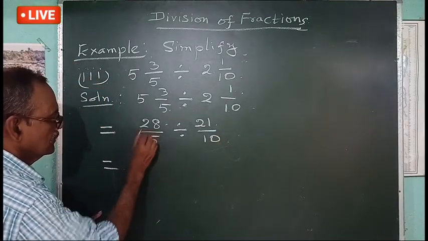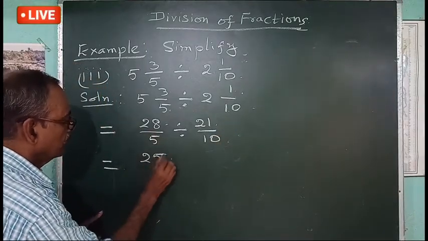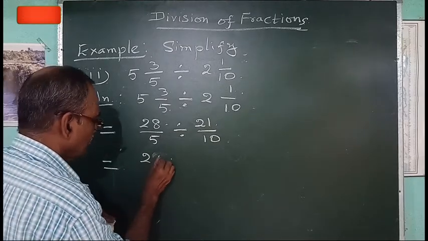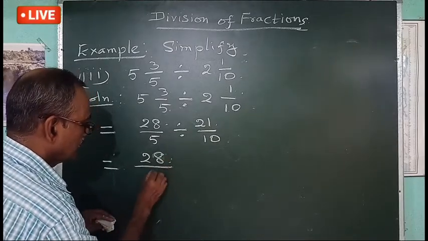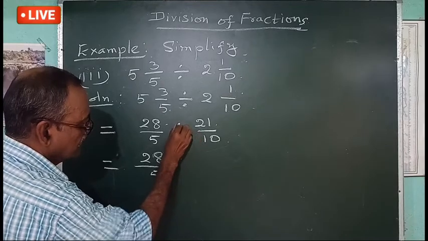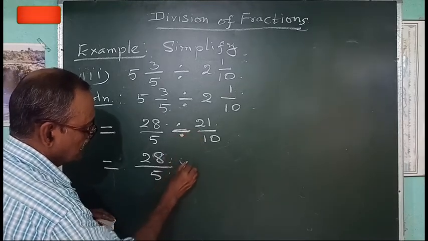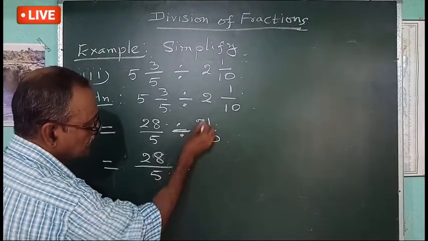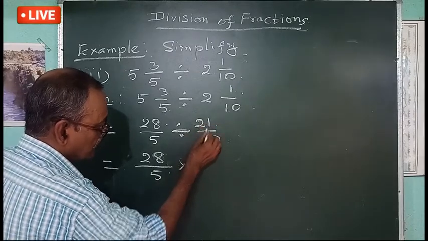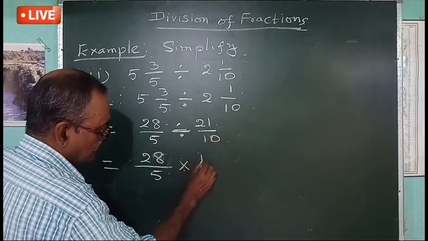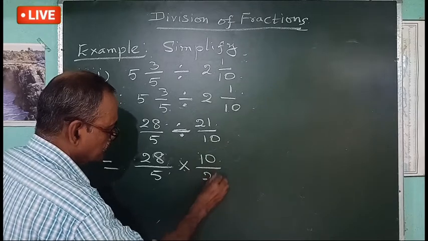Now let us change this sign first, and find the reciprocal of 21 by 10, which is equal to 10 by 21.